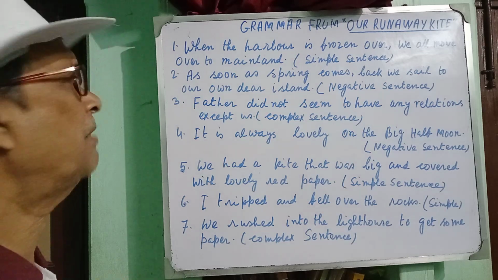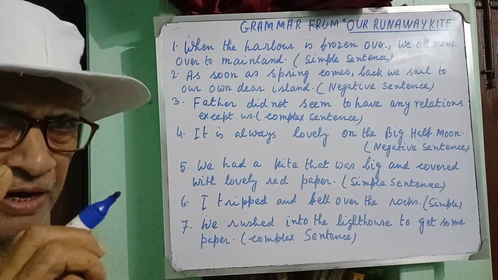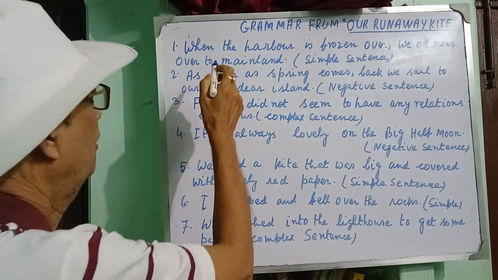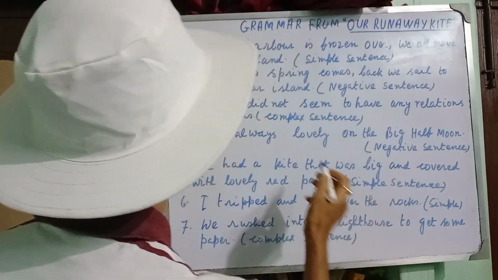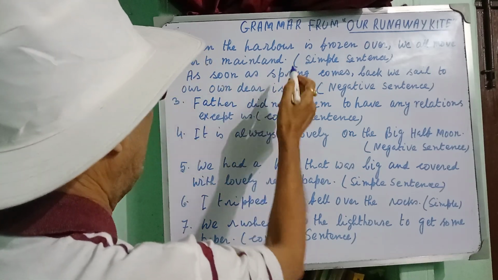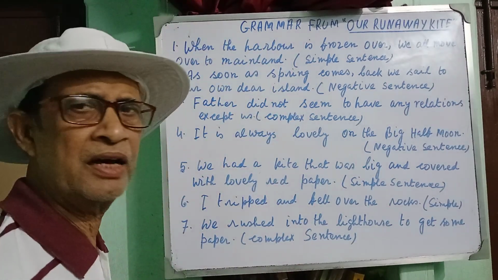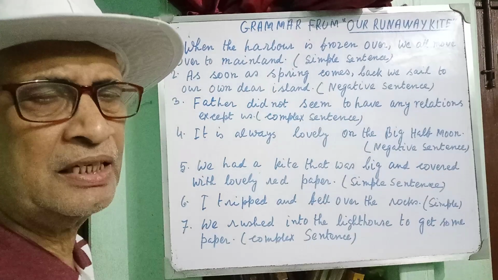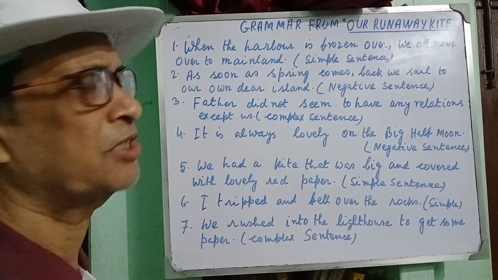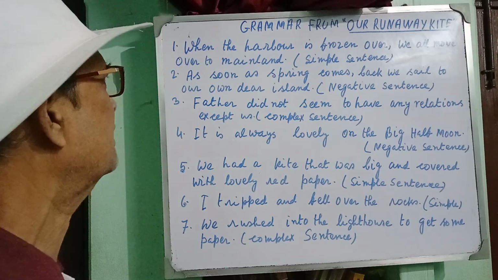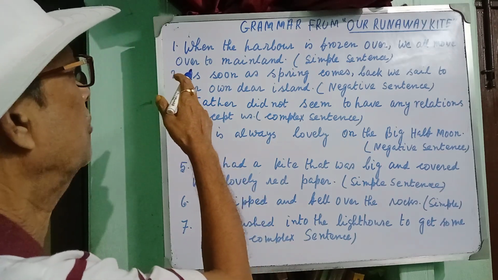And my first example is, when the harbor is frozen over, we all move over to mainland. And it has been asked to turn the sentence into a simple sentence because it is a complex sentence and adverb clause of time.